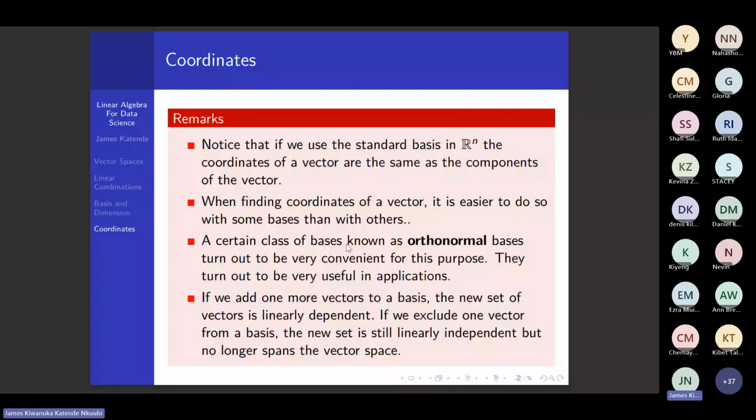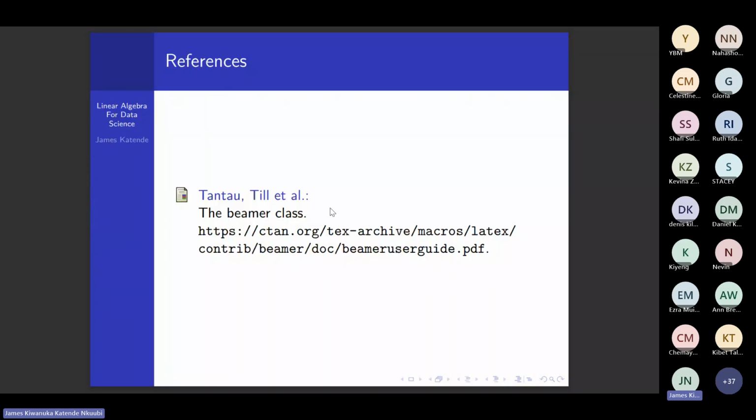So the first remark simply repeats what I'd said earlier. Working with the standard basis, the coordinates will simply be the same as the entries in the vector.